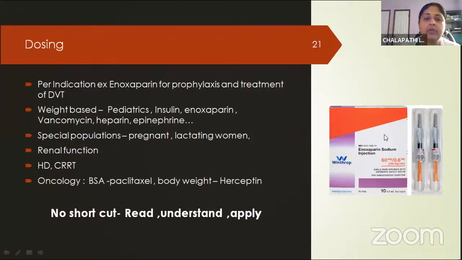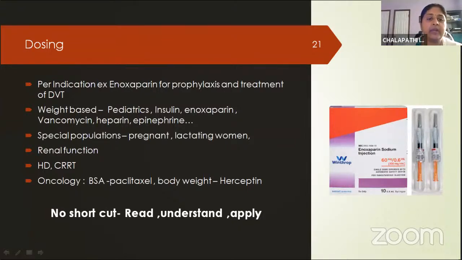So when you say enoxaparin or Lovenox, you just don't say 80 mg, 60 mg. No, that's not the right answer. You have a specific dose recommendation for prophylaxis and for treatment. For prophylaxis, it's generally a fixed dose, and for treatment of DVT, it will be based on the weight. So this is one example where the dosing can change. If you don't know the indication, then you're not going to assess the treatment correctly.